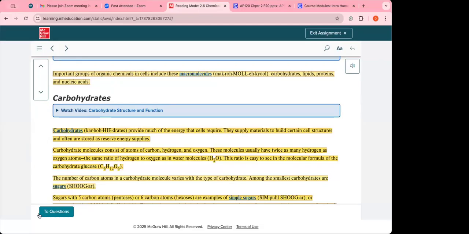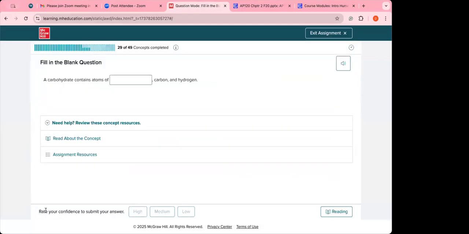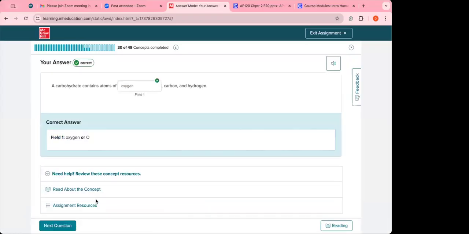Okay, go back to the question. Now, they gave you carbon and hydrogen. So what's the one that's missing? Oxygen. So oxygen goes there. They gave it to you in a different order. That's all. Oxygen. Very good.